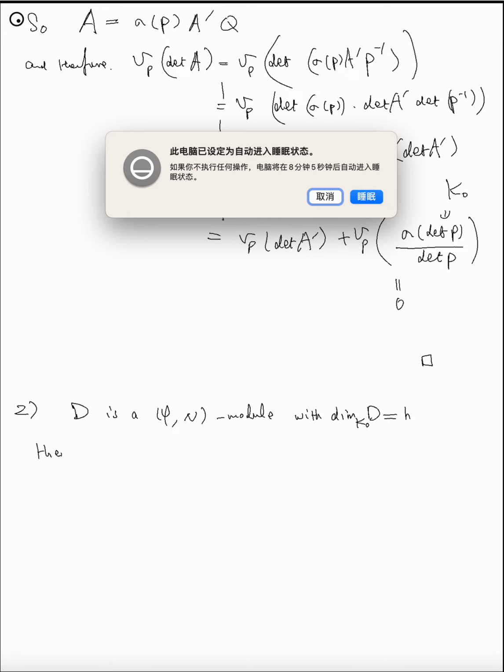And then the trick is we'll construct a one-dimensional Q vector space where there arises naturally this determinant of this Aij. How did that happen?